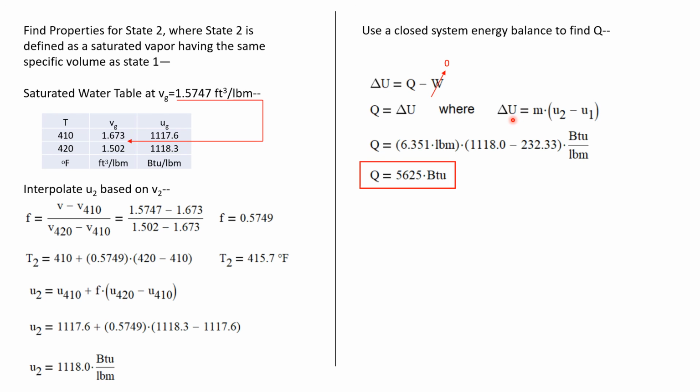I can rewrite delta U as the mass times the change in specific internal energy. So Q is equal to the mass, which we calculated as 6.351 pound mass, times (u2 minus u1), which we previously developed values for. And we see that the heat transfer for this process to take place was 5625 BTUs.